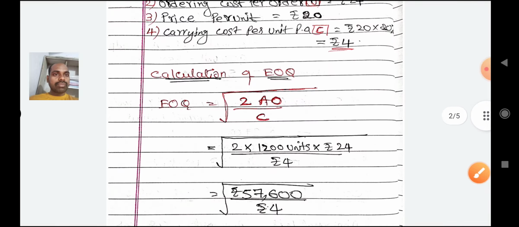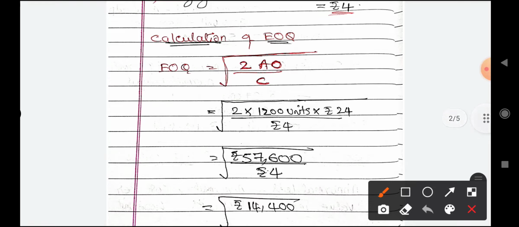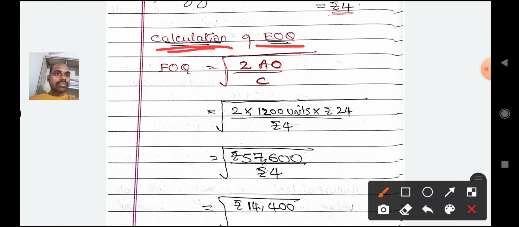Now what is the formula for calculation of EOQ? Working notes are over. Here is the answer. Calculation of EOQ, economic ordering quantity, is equals to under root 2AO by C. Some may use it as S or I. I use them as it is, so it's your wish. You can denote anything, but correctly write those things like carrying cost, inventory carrying cost, like that.